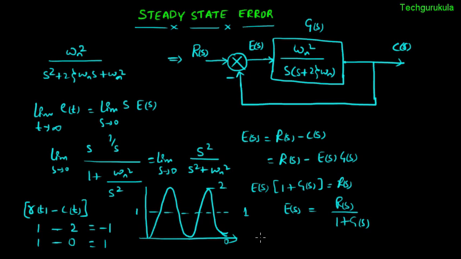Which means the error will be in a range from -1 to 1 for undamped case. So if I can summarize, for zeta greater than 0, where we have underdamped, critically damped, and overdamped case, the steady state error is 0. Whereas for zeta equals 0, the steady state error basically lies between -1 and 1. We cannot specifically say what the value is.